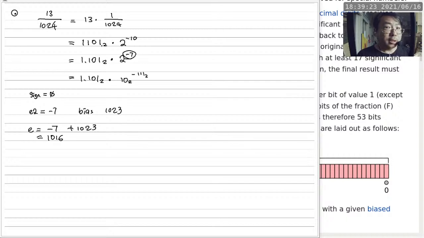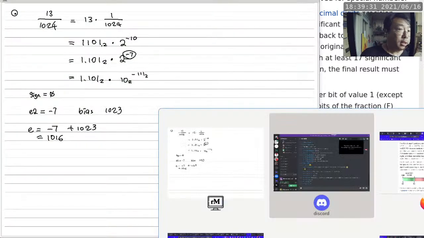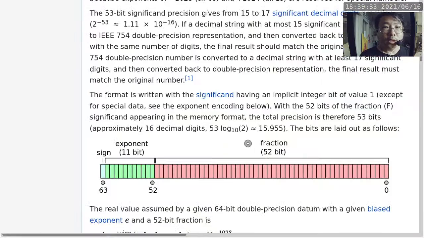So E is actually 1016. Or whatever integer we want to put into this green area here is going to be an unsigned integer 11 bits wide to represent 1016 in base 10. So we'll deal with that later.